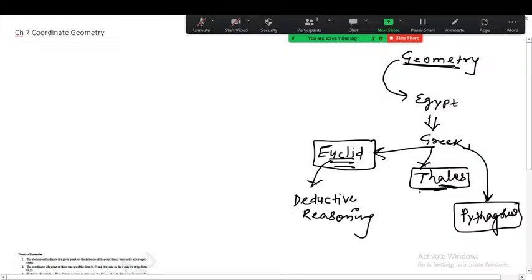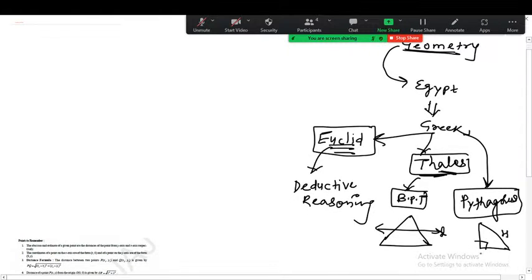Thales has given us BPT, the basic proportionality theorem, or Thales theorem, that tells about triangles and their ratios: when we consider a line parallel to one of the sides, how does it divide the other sides? Pythagoras theorem is used for a right angle triangle. It says the hypotenuse, the longest side, squared is the sum of the other two sides squared, that is p square plus b square. You must be aware of all these things.